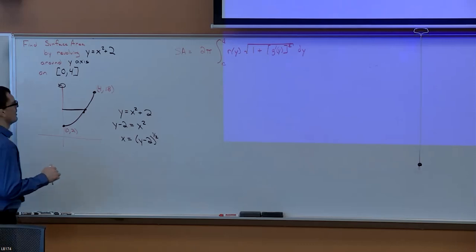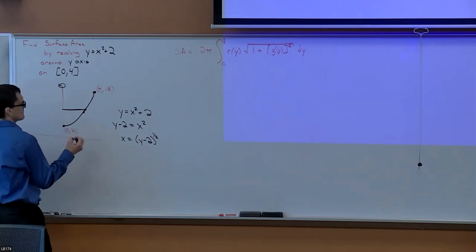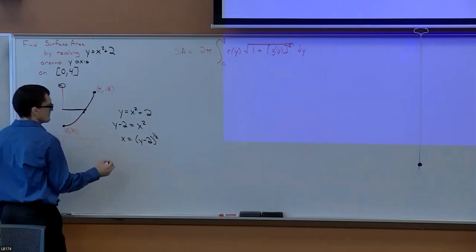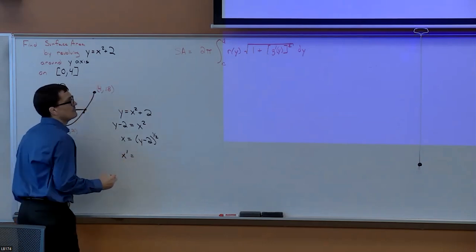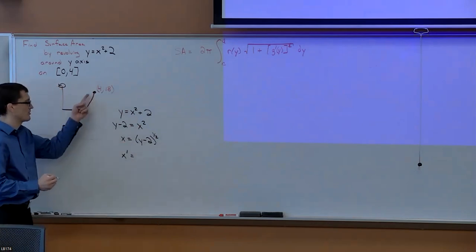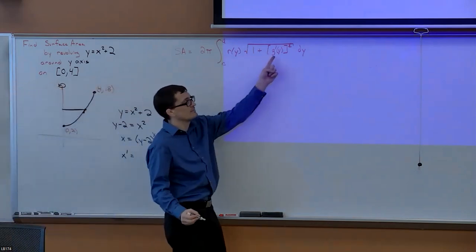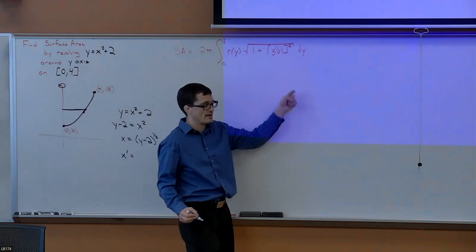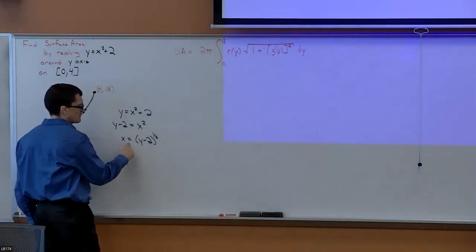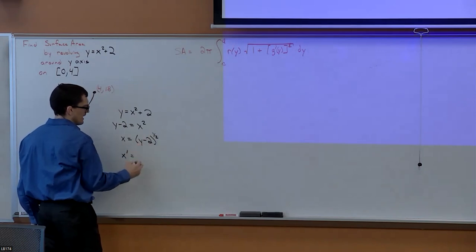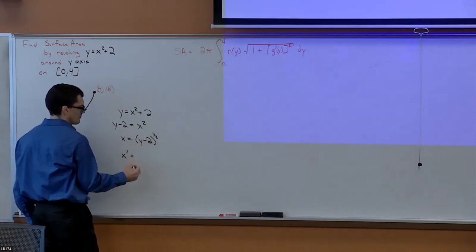Now, before I move on, I'm going to take a derivative of that, because that's going to be my curve, and g prime with respect to y is going to be the derivative of x equals (y minus 2) to the 1/2 power with respect to y.